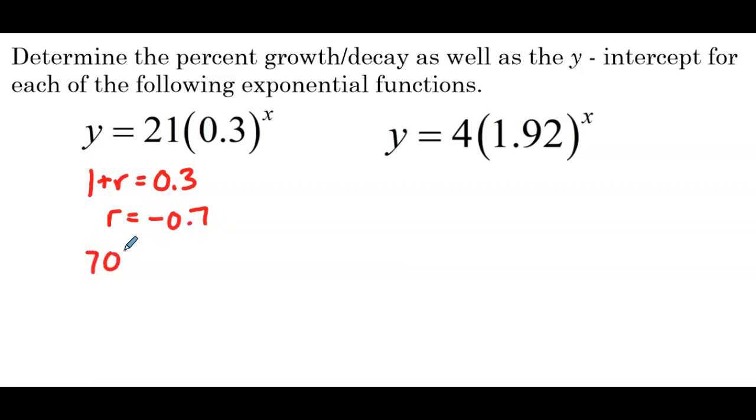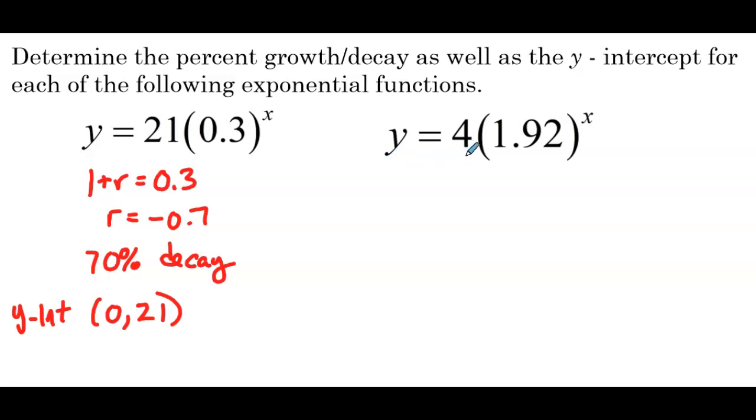So we have 70% decay. And our y-intercept, when x is 0, 0.3 to the 0 is 1, times 21 is 21. So in this function, our values are decreasing by 70% over each interval as x goes up by 1, and our y-intercept is (0, 21).